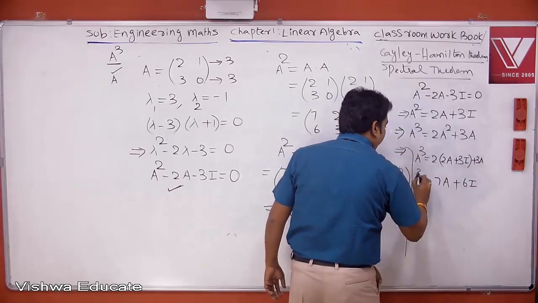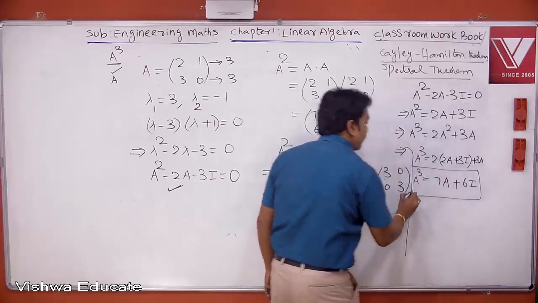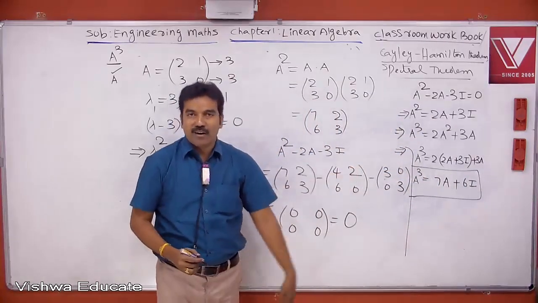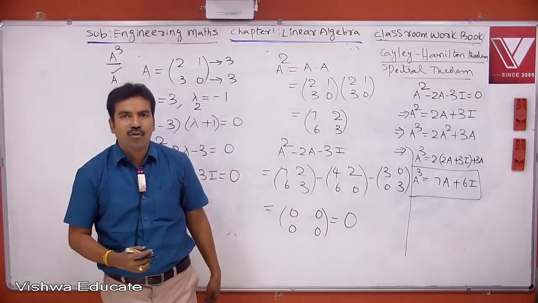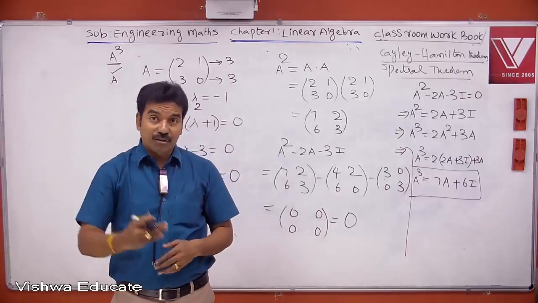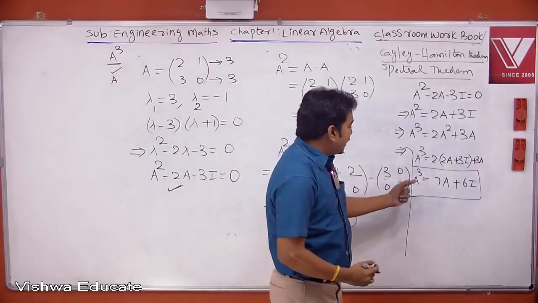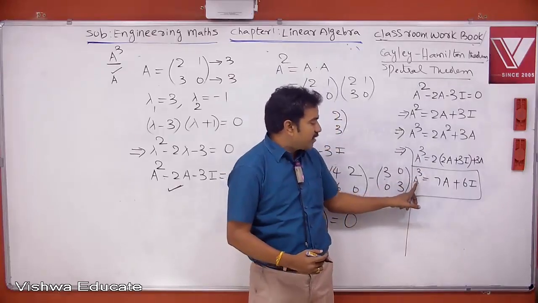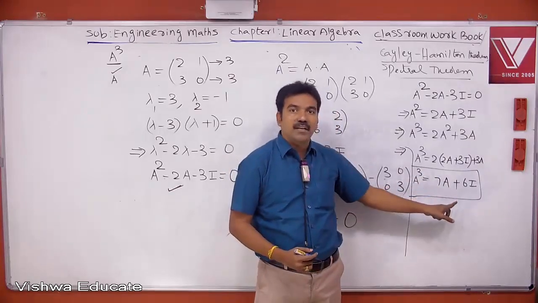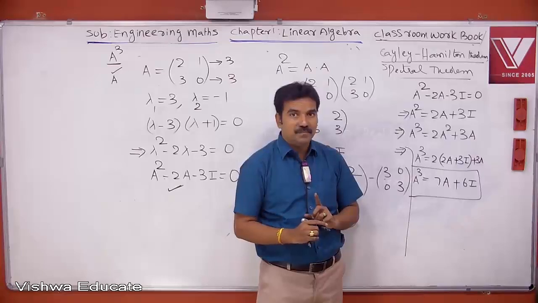Therefore, we got the expression for A cube in terms of same matrix A. This is one advantage. Like this, you can find A power 4, A power 5, even large powers of A also. Therefore, the basic advantage is we can get the positive powers of a matrix A in terms of same matrix A.